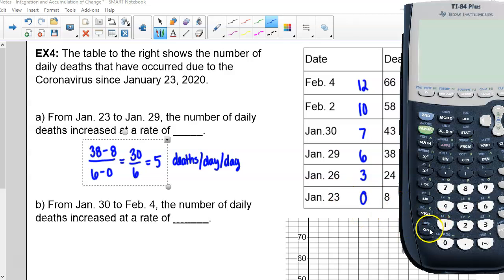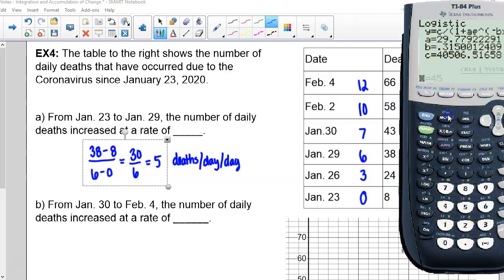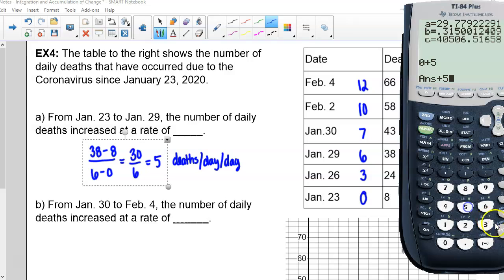From this time, you had 0 the first day, you would have 5 more the next day, 5 more the next day. So the second day you'd have 10. Third day you'd have 15. It was actually a little higher than that. But then you'd have fourth day, fifth day, sixth day.